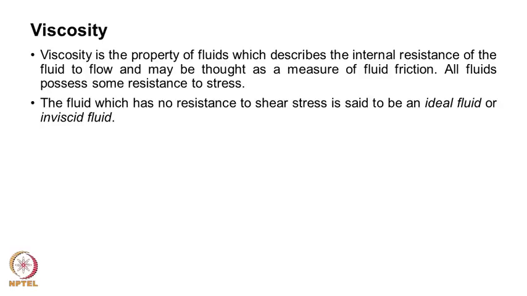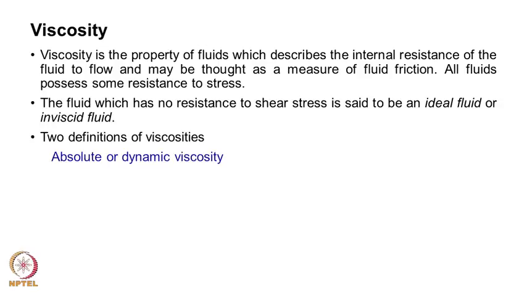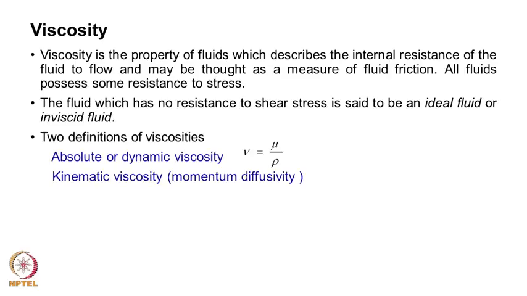So, this stage by stage numerical simulation is helpful to overcome any numerical difficulties. There are 2 definitions available. One is absolute or dynamic viscosity, the second one is kinematic viscosity, also called momentum diffusivity, and these 2 are interrelated.